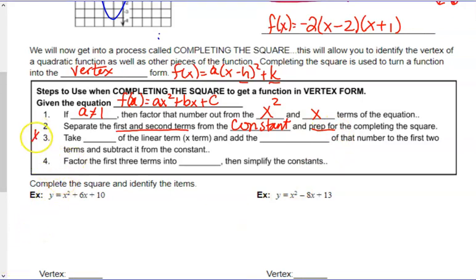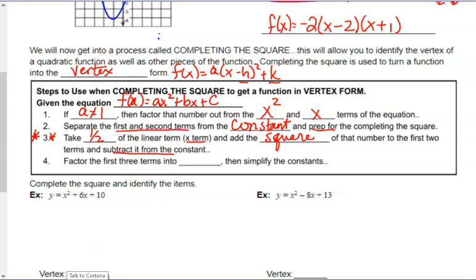Here's the most important one. This is how we get to complete the square. We're going to take half of our linear term, which is the x term, and add the square of that to both sides. Oops, sorry, I shouldn't say that. We're not doing it to both sides this time. Add the square of that number to the first two terms, and then if I add something on one side of the equation and do something on the same side, then I have to subtract that to keep it balanced.